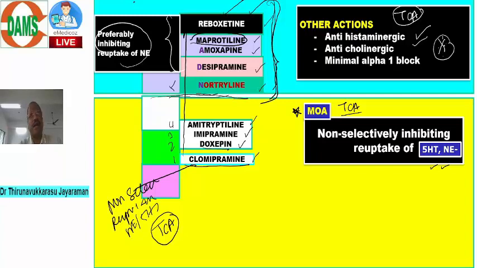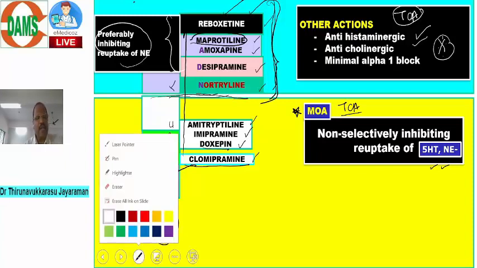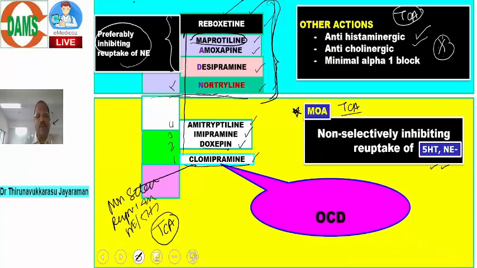Okay. Now, another interesting question. Among the TCAs, we have one drug called clomipramine. Clomipramine is approved by the FDA for OCD, obsessive compulsive disorder. So the question: which is the tricyclic antidepressant approved for treating OCD? Clomipramine.